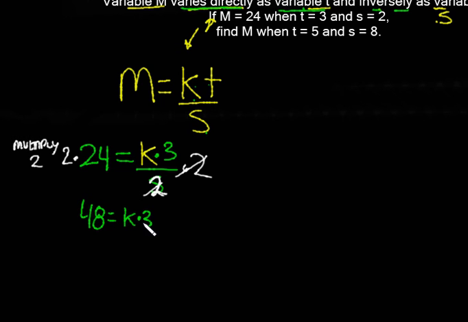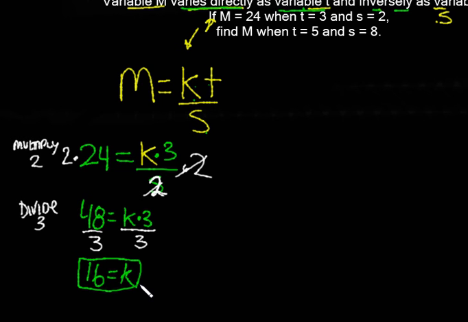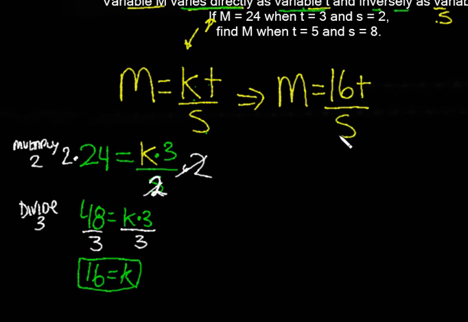And then to get rid of the 3, we divide by 3. 48 divided by 3 is 16. So we get what our K is. So our original equation up here is M equals 16 times T divided by S.